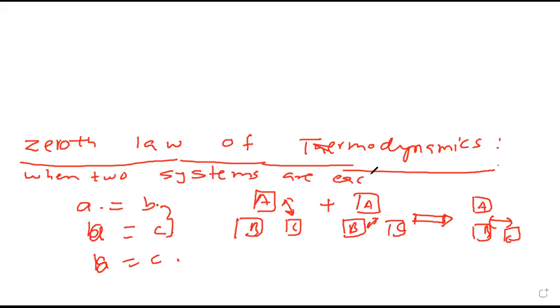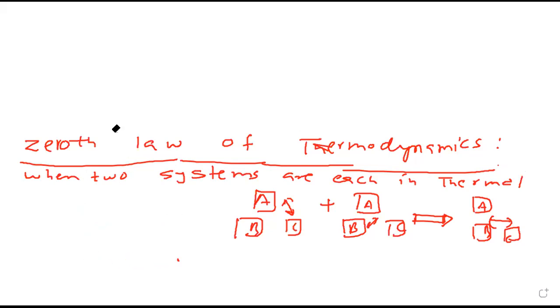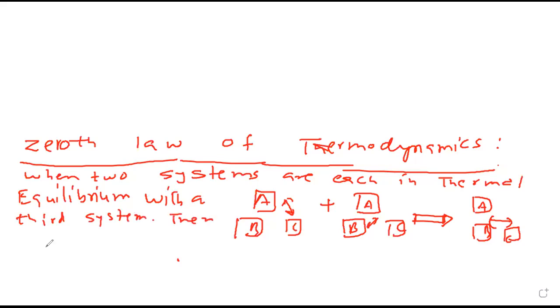When two systems are each in thermal equilibrium with a third system, then they are in thermal equilibrium with each other.